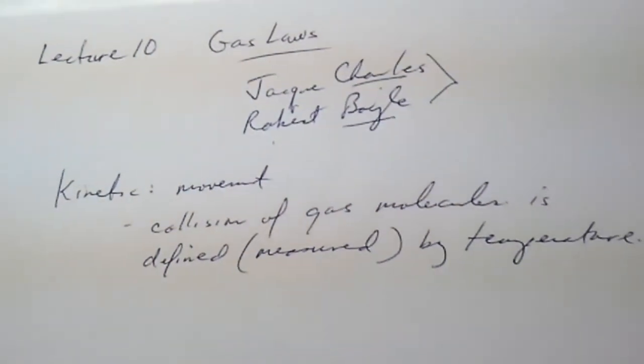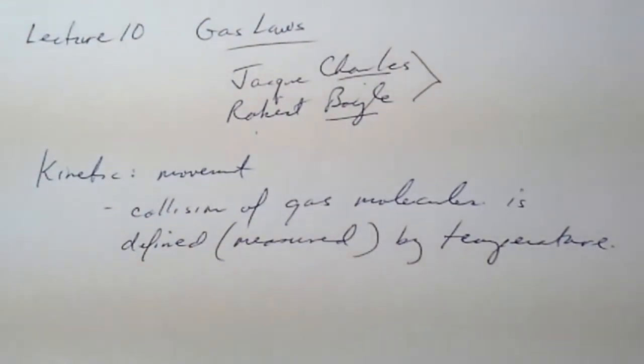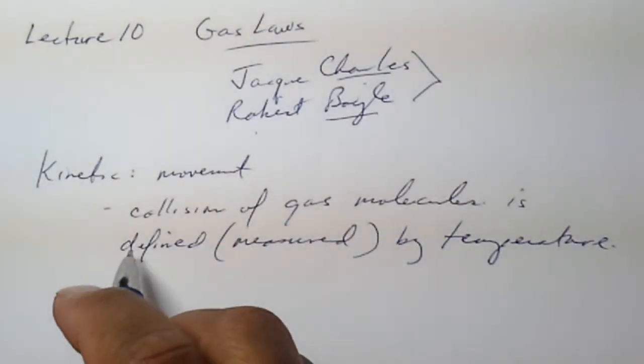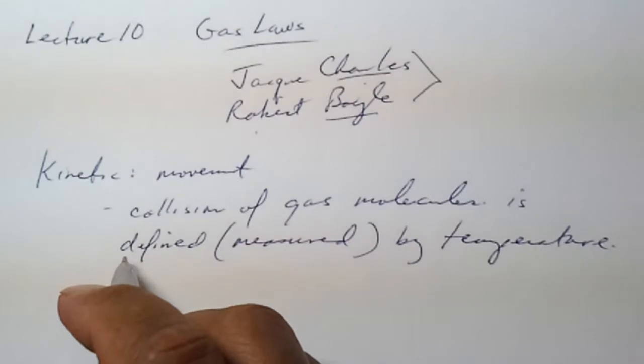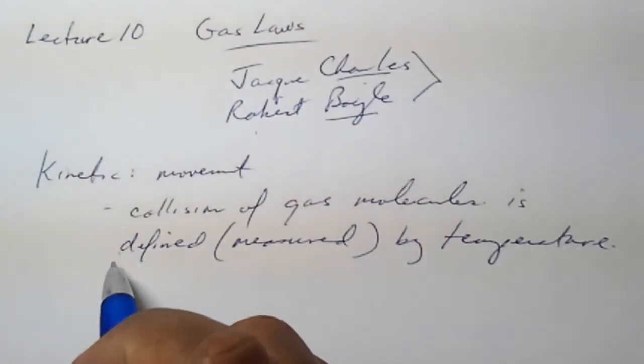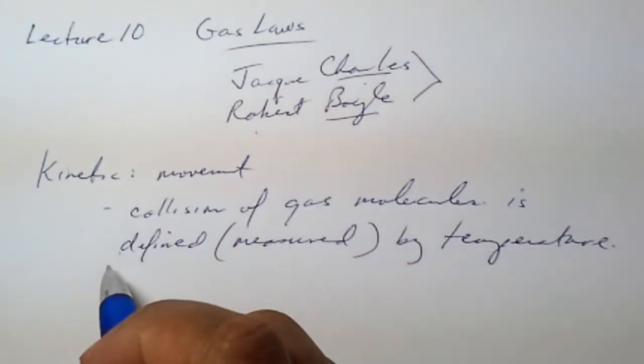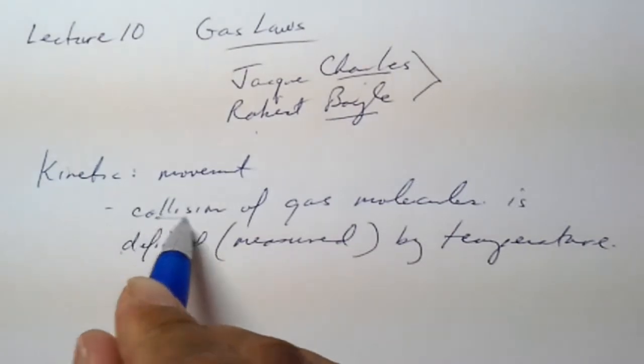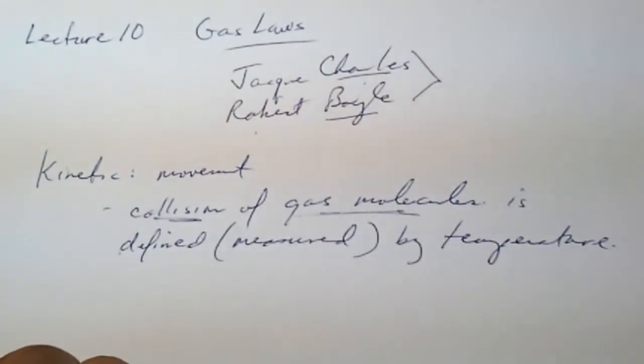Okay, we all know that if you heat up a gas, that gas tends to disperse in a room quicker than when it's cold. You can generate a gas or vapor in water by boiling it, and that increases the gas because of the heat, and the movement or the collision of gas molecules is what is measured by temperature.